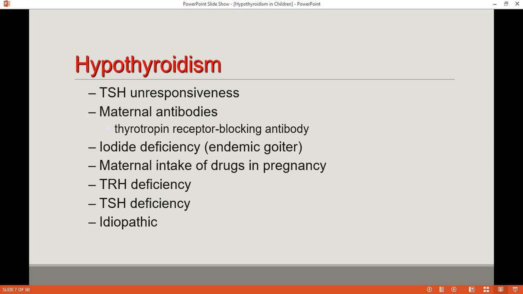Iodine deficiency, endemic goiter, is also a major cause of goiter and hypothyroidism in our country. Then maternal intake of certain drugs in pregnancy affects the child, and they present early in life with hypothyroidism. Other causes are rare: TRH deficiency, TSH deficiency, and sometimes idiopathic causes of hypothyroidism.